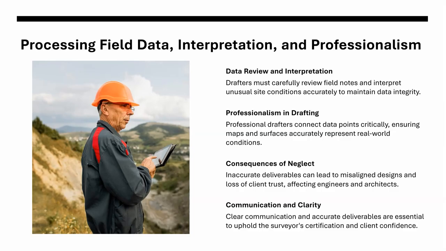As the drafter, you must not only process these codes, but also interpret the notes from the field crews. If you see that a manhole was flagged as covered or inaccessible, you must show it accurately with that notation. If you omit it, you may mislead your clients. And this is where the professionalism of the drafter shines through.